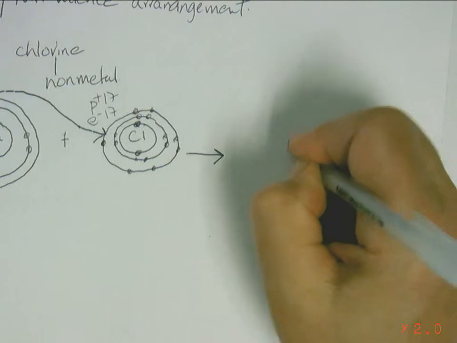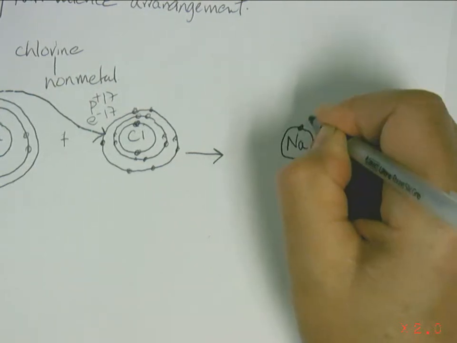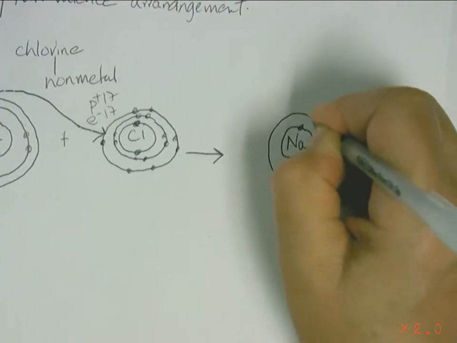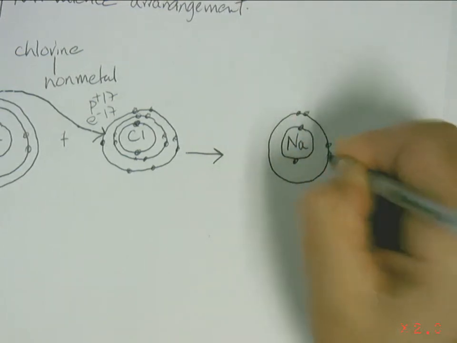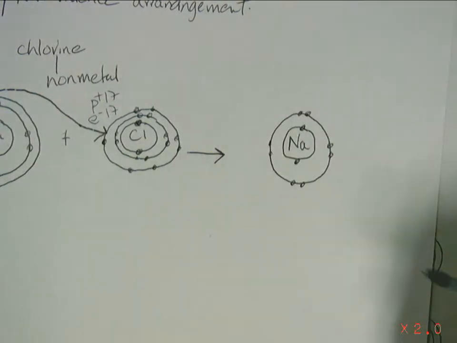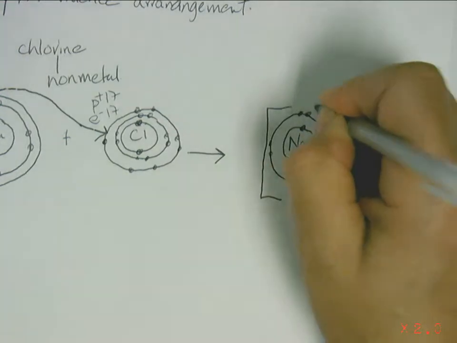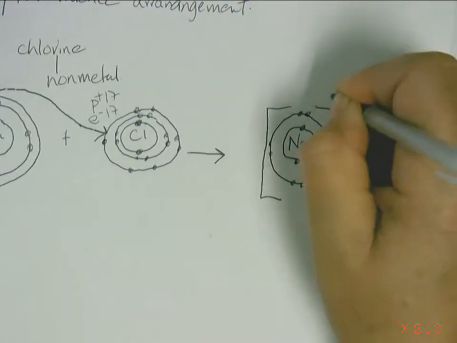So sodium has lost an electron, has 11 protons and 10 electrons, so it has an overall charge of +1.